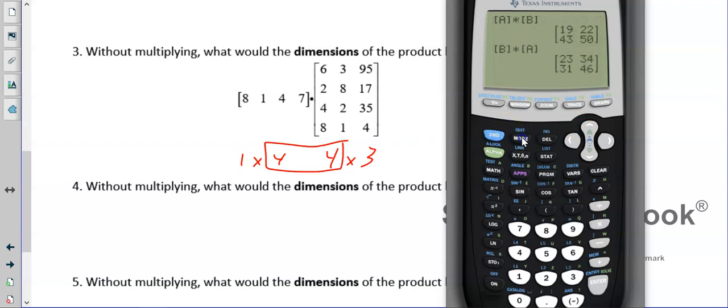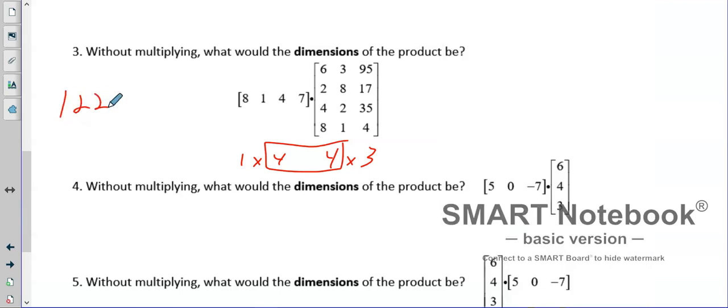Okay. And we're going to type in matrix. We're going to choose A because we're doing A times B times, choose matrix again, go down to B or hit number 2, hit enter, and there you have it, 122, 47, 945.